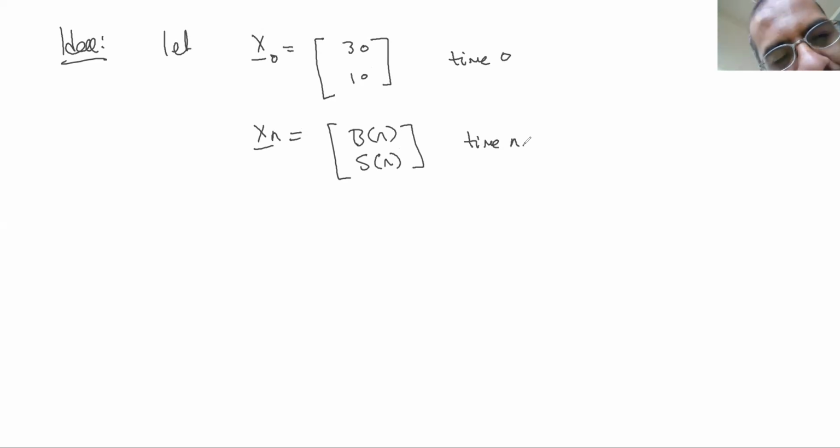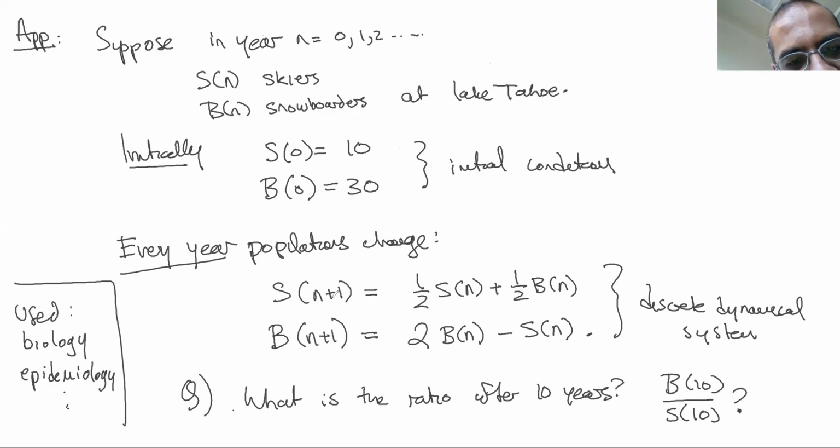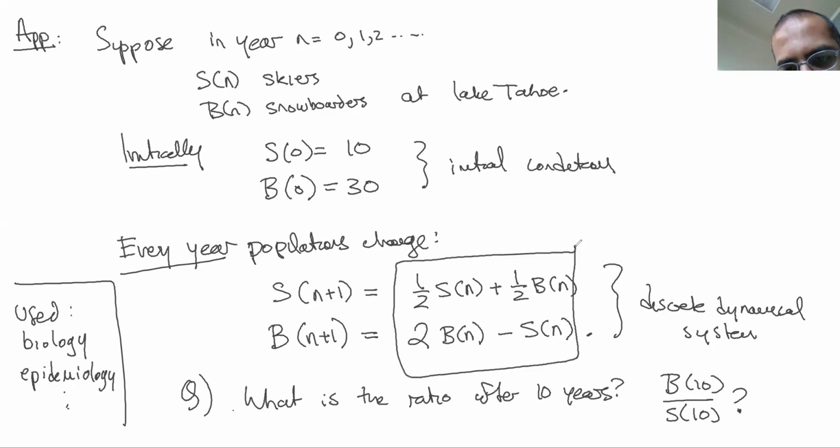Now the point is that the update rule that you saw on the previous slide, the relationship between the numbers at n and n plus 1, can actually be written as matrix multiplication. So let's write that as a matrix.